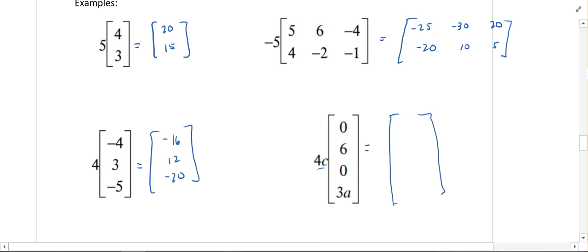I'm just going to have variables in my answer. So 4c times 0 is 0, 4c times 6 is 24c, 4c times 0 is still 0, 4c times 3a is 12a. That's it.